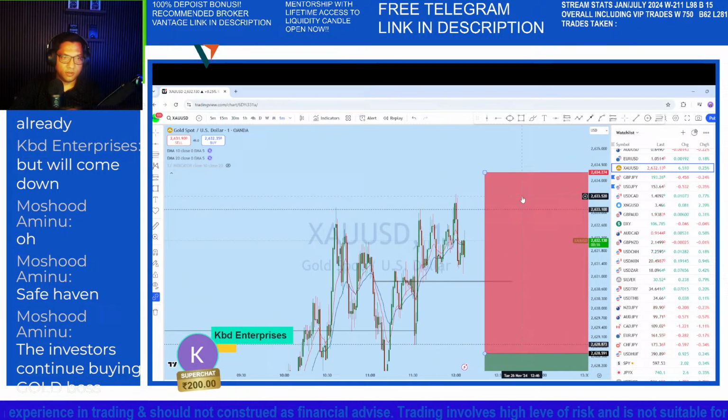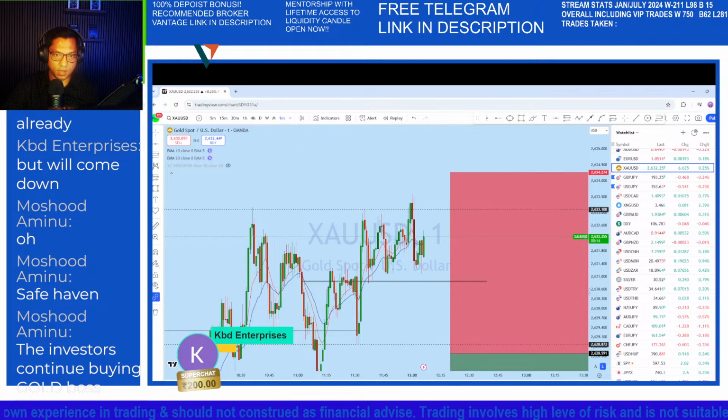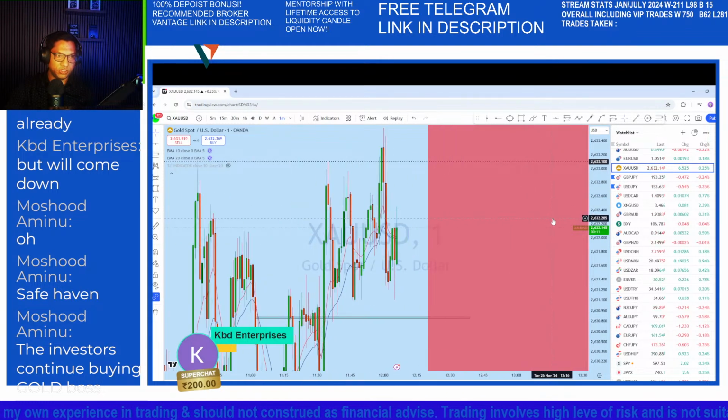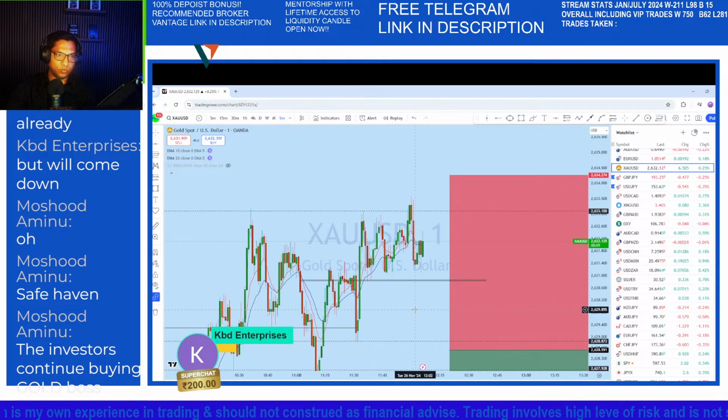Okay, so here a long wick candle formation in this area.